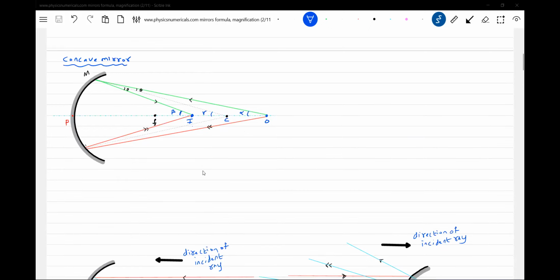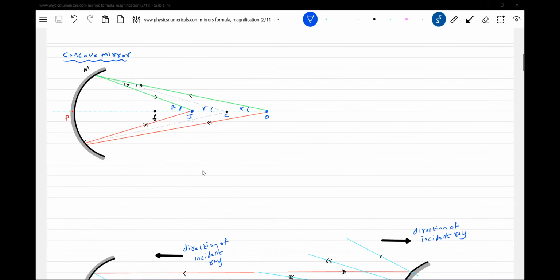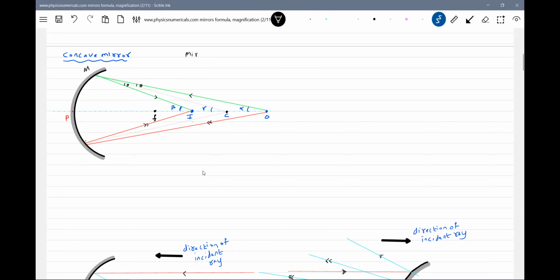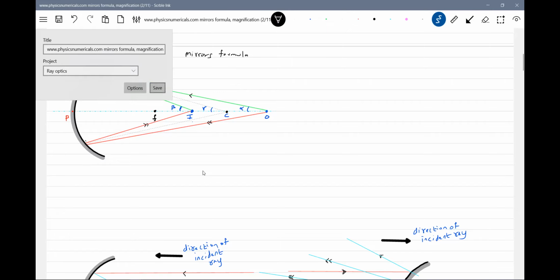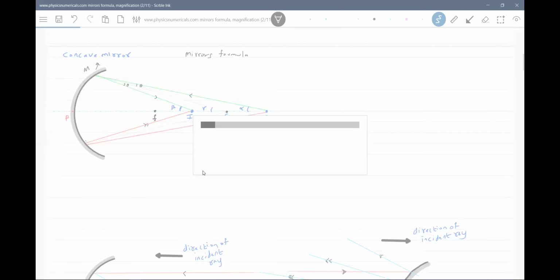First, for a concave mirror, we'll derive the mirror formula. This mirror is a concave mirror. What is the use of the mirror formula?